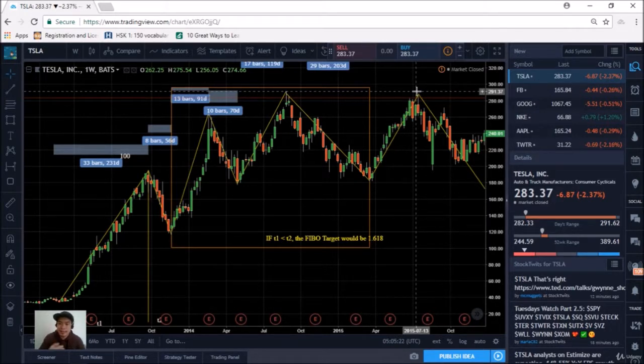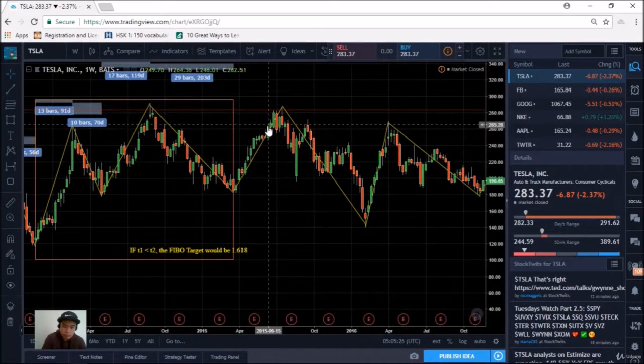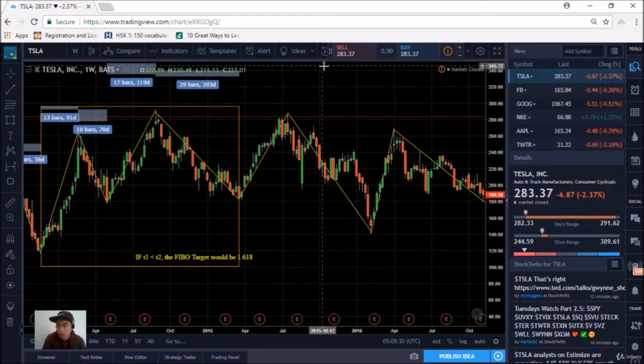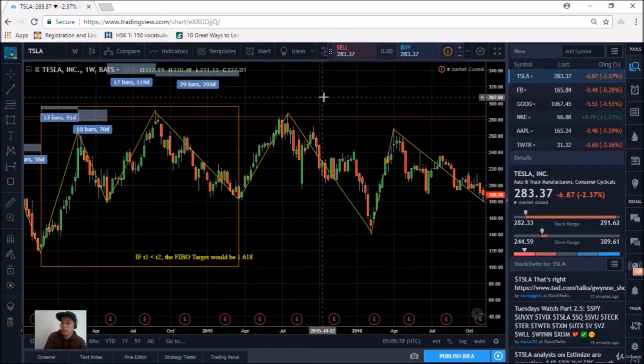Now how good is that? So subsequently, the Fibonacci target is not achieved. The power also indicated that there is no power in the market.